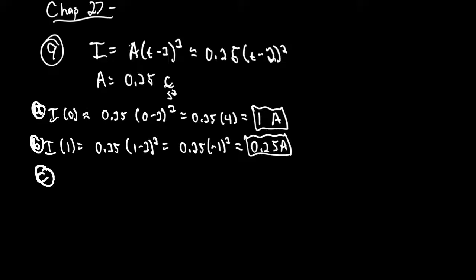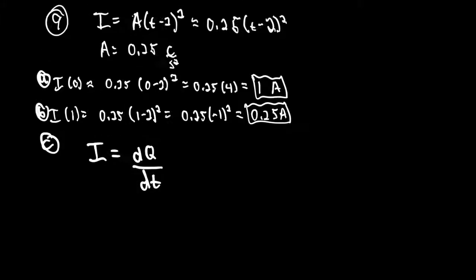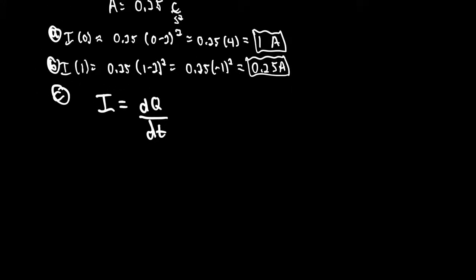What's the definition of current? Remember this equation? I equals dq dt. Amount of charge that flows per unit time. If I want to find the charge, then I have to do some algebra and then some physics calculus.